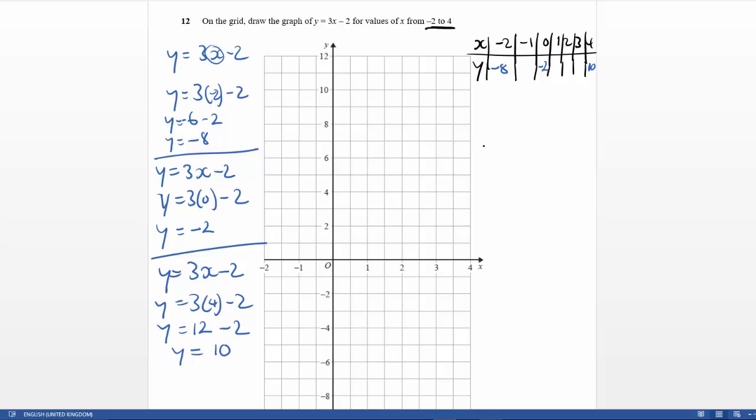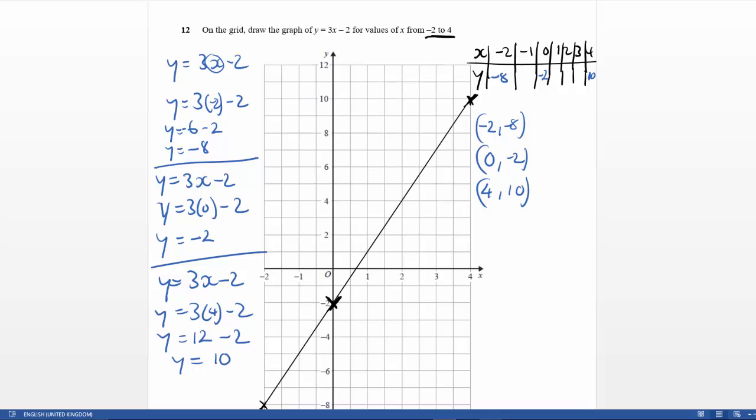So we have our coordinates here. So let's write out some of these here. We've got -2, -8. We have 0 and -2. And we have 4 and 10. Okay, so here's a straight line here.